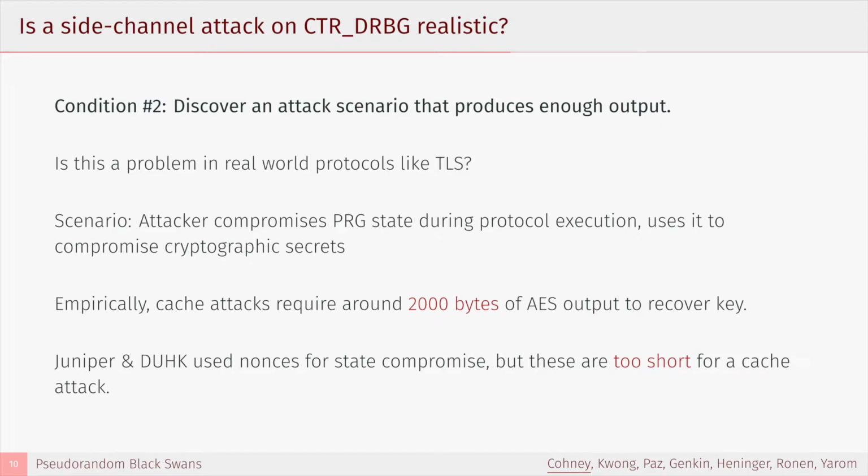The Juniper and Dual EC attacks use the short nonces and server random values exposed during a TLS handshake to compromise the RNG. The client and server randoms produced during a TLS handshake are only a block or two, but we need a full 2,000 bytes in order to perform our attack, quite a lot more.